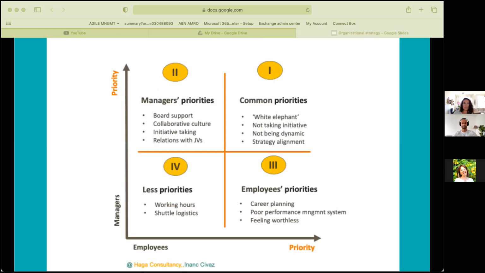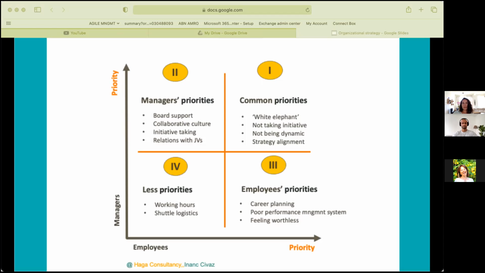For example, let's see an example. This graph is a result of one of our workshops that we did with one of our clients. What we did here, we worked on the priorities from the management and employees' perspective. Then we introduced all of these keywords in a transparent way to the management.